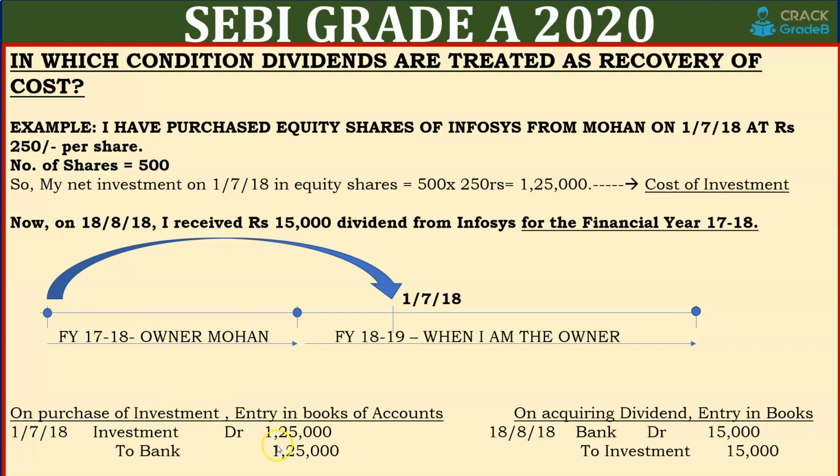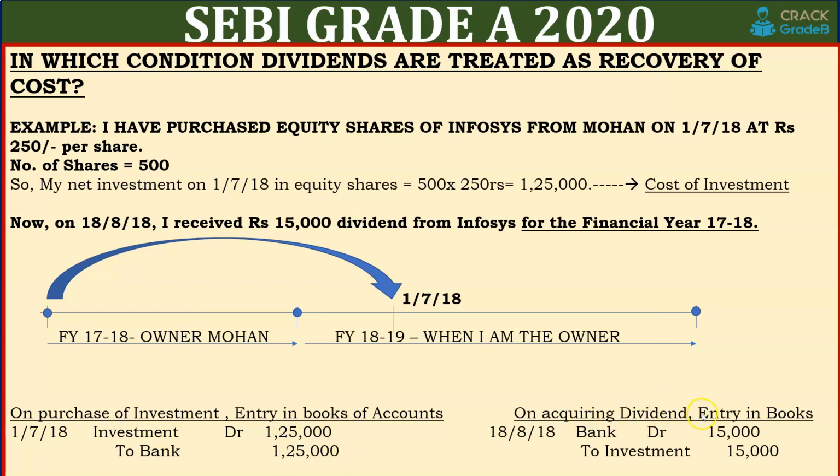So investment account debited with 1,25,000, we have already taken it out over here. And bank is another asset, and since we have paid through our bank for the acquisition of this investment, our asset decreases, and in that case we credit it. So investment to bank we have 1,25,000.